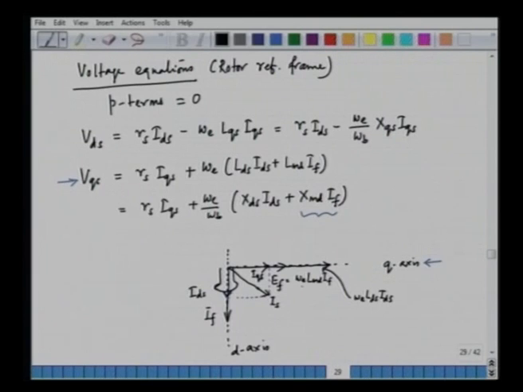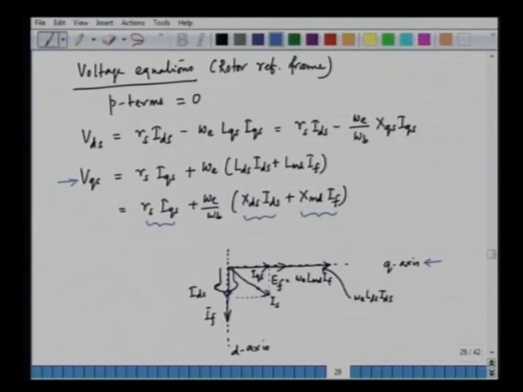And this omega e into LDS into IDS is basically the component of this current along the d axis, that is IDS. Similarly, apart from the resistance part, we have already accounted for this part and this part. This resistance part we can add a little later.